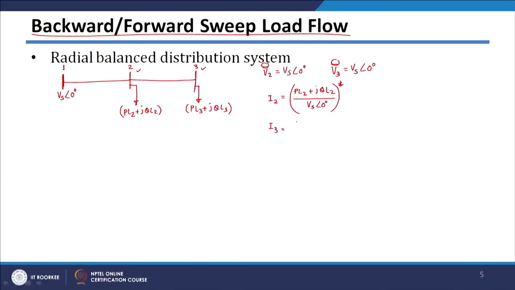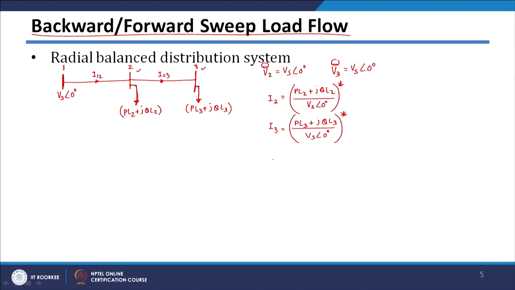Similarly, we will calculate current I3, which will be equal to PL3 plus jQL3 divided by Vs angle 0 degree, because in this case also at bus 3 we are assuming voltage is Vs angle 0 degree, and taking the complex conjugate of it.